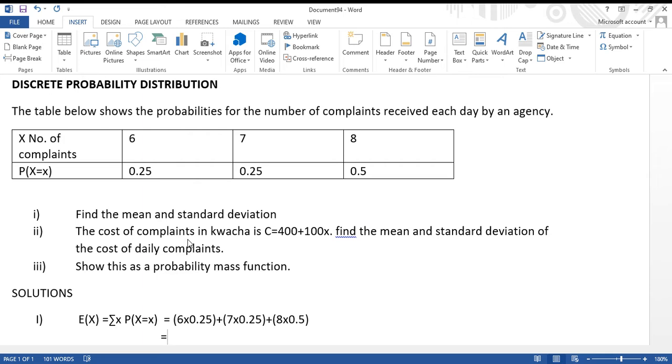So let me get my calculator. 6 times 0.25, that's 1.5, plus 7 times 0.25, that's 1.75, plus 8 times 0.5, that is 4.